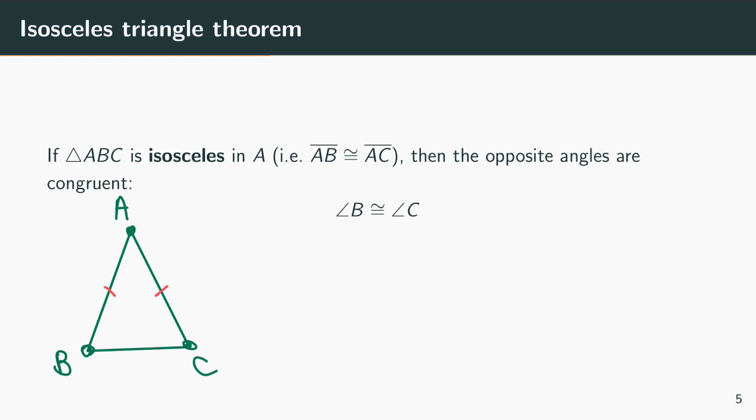That's our hypothesis. Then the opposite angles are congruent. So in other words, that angle is congruent to that angle. This is the Isosceles Triangle Theorem.